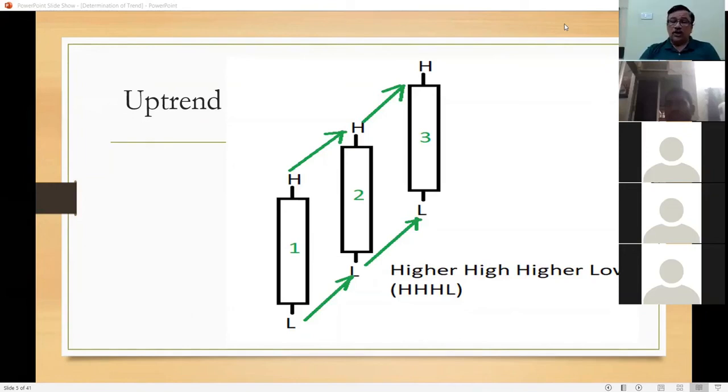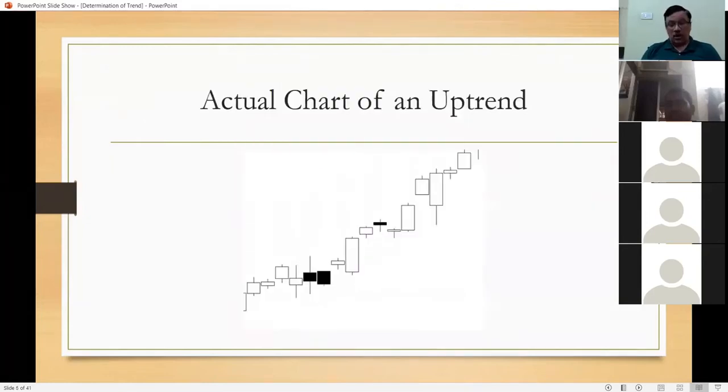On the other hand, what does a bearish candle do? It has a lower high, lower low. Now see here, here is the actual chart with candlesticks. Here, there was a candle. Next candle, it formed almost the same high, but higher low.